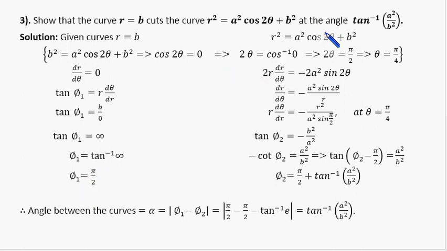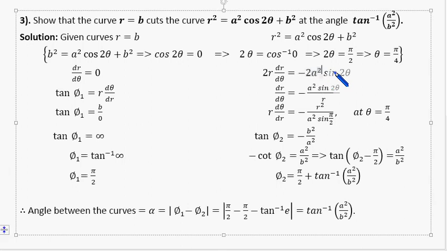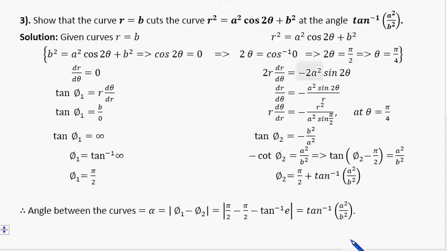Now consider the second curve, r² = a² cos 2θ + b². Differentiating with respect to theta, 2r dr/dθ = -2a² sin 2θ, so dr/dθ = -a² sin 2θ divided by r.